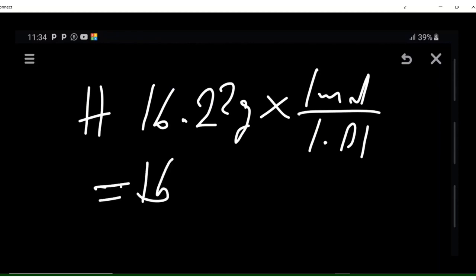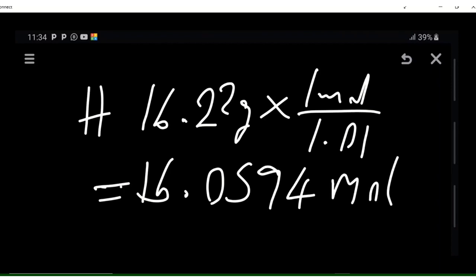This is your mole, 0.0594, like that. I have more numbers there, but I've chosen 4 decimal places, because after this there's a 0, so we round it off. So this is the mole for hydrogen.